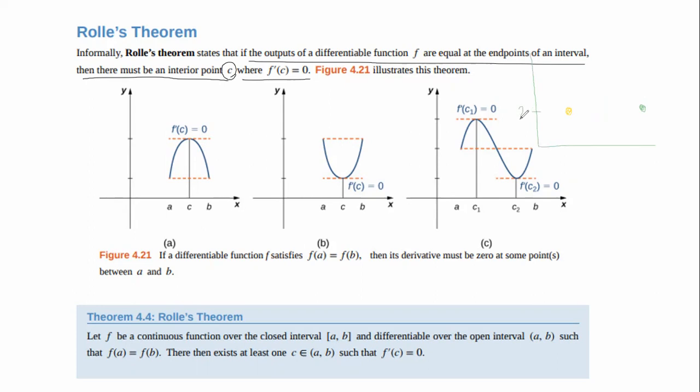Let us say the value is 2. Again, this is the starting point and this is the ending point. My curve is like this one. This means that the outputs of the differentiable function at the starting and ending points are equal.